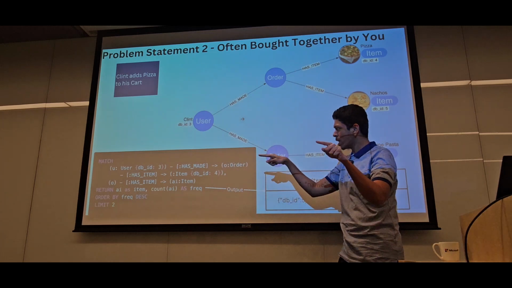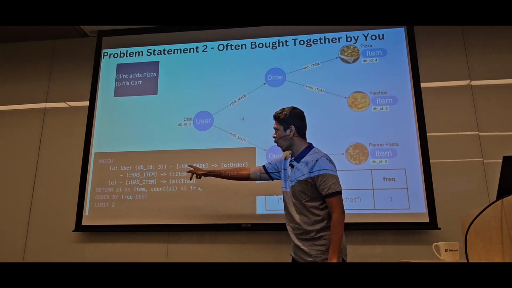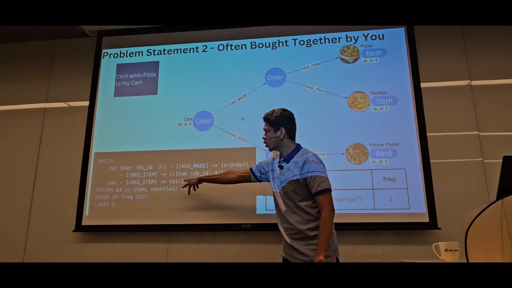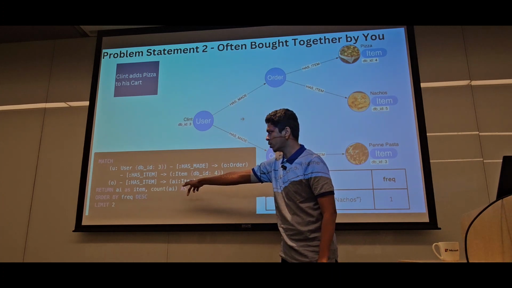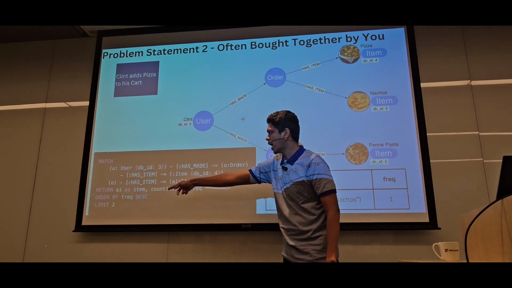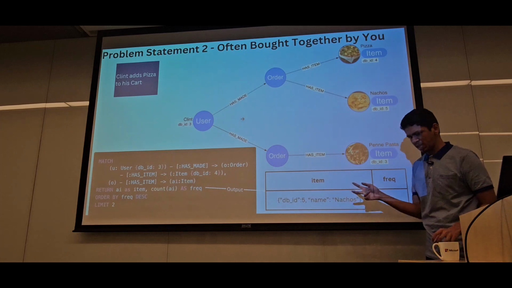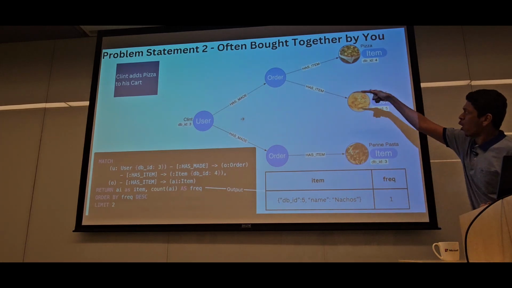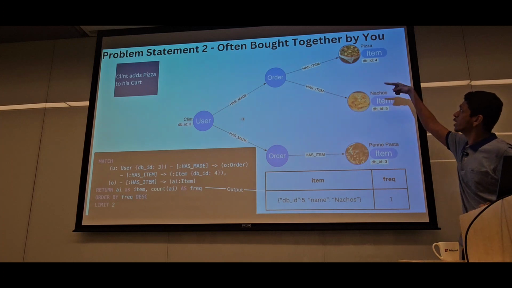Once we have that path, we take that order and find all the other items in that order, and then we just count the number of other items as frequency, order by it, and limit to get it. Since there is only one, we are getting nachos, database ID 5. In how many orders has nachos appeared along with pizza? 1.